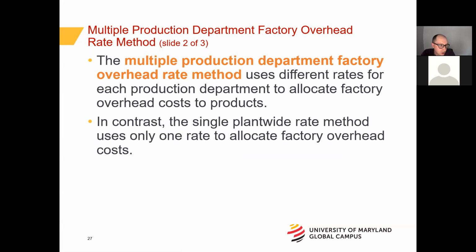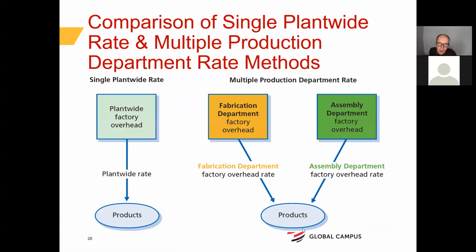Instead of the entire company having a single rate for overhead, each department within the manufacturing will have its own rate of overhead. And you'll see that this method is going to be much more accurate.